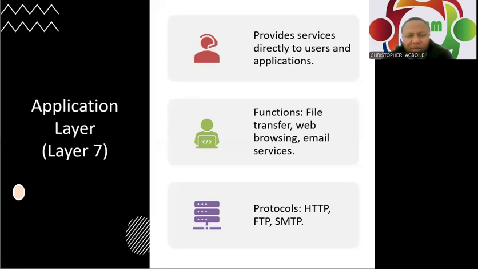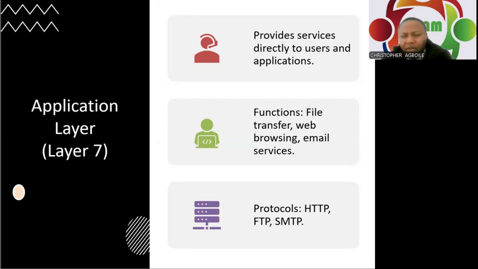Layer 7 is the application layer. This layer is the closest to the user, providing services and interfaces for communication between applications. Now, the function here is for file transfer, email services, and remote access.